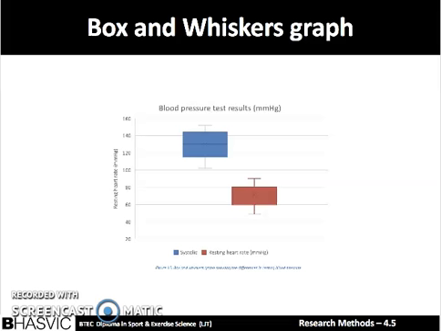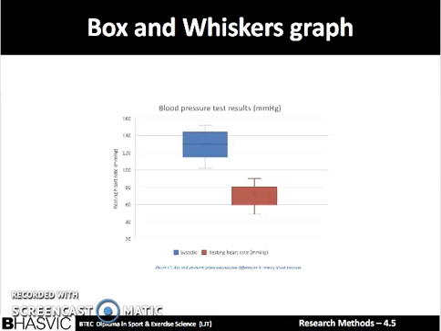Of course, the trouble with these box and whiskers graphs is that it's very difficult to distinguish outliers. You could have a really high value at the top, and then all of the rest of the data is concentrated below that.